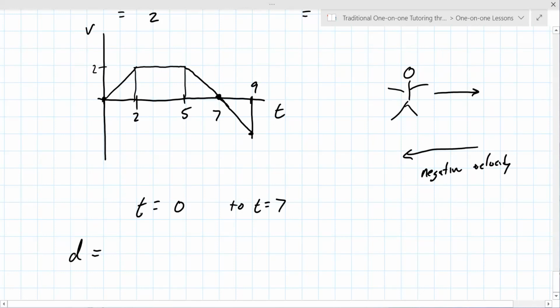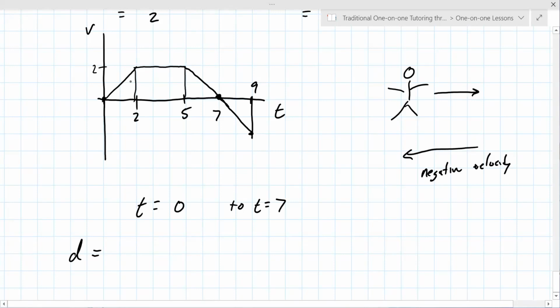And so that's all up here. All right, okay. So 1/2 times 2. We're talking about this one in here, right?